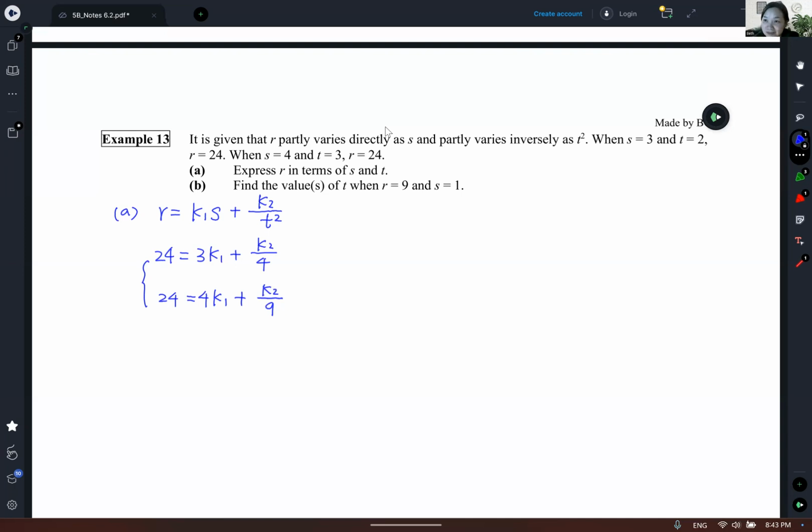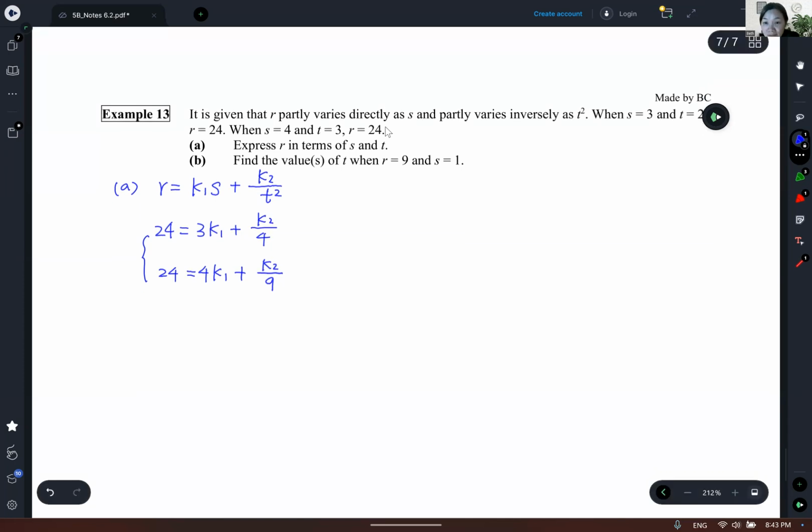That's all I asked. Then right now you're going to do elimination. And when you do elimination, you do not subtract immediately because that will not eliminate anything. What you should do is to multiply by 4 for the first equation and multiply by 9 for the second equation.